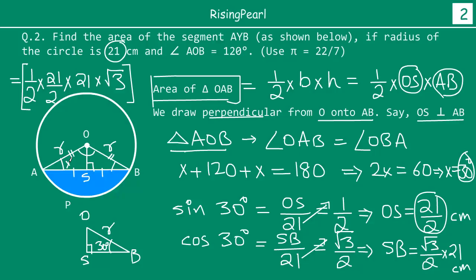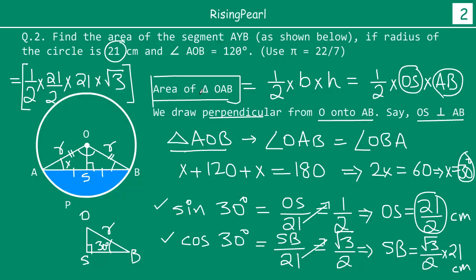Now that we have found out each of the angles, we will take a look at one of the triangles like this, and it is a right angle triangle. We have one given angle and one of the sides, which is the radius, whose value is given as 21. So using trigonometry, applying the sine, we can find out the height OS, which is what we need.